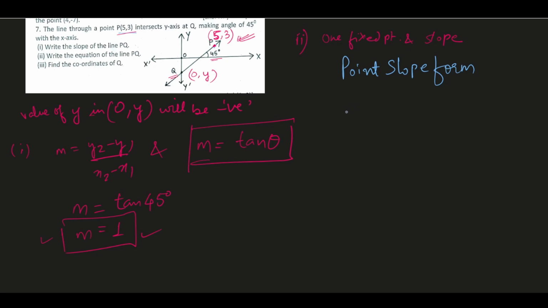तो 1-point फॉर्म का फॉर्मूला होता है y minus y1 is equal to m into x minus x1. चलिए वैल्यू बैठा देते हैं डायरेक्टली। y minus y1 होगा 3 is equal to m होगा 1 और x minus x1 is 5.